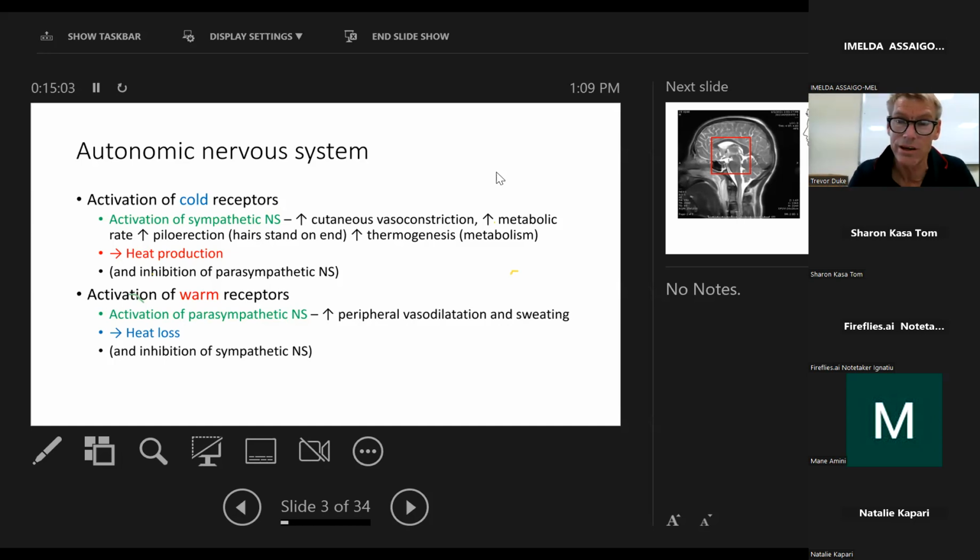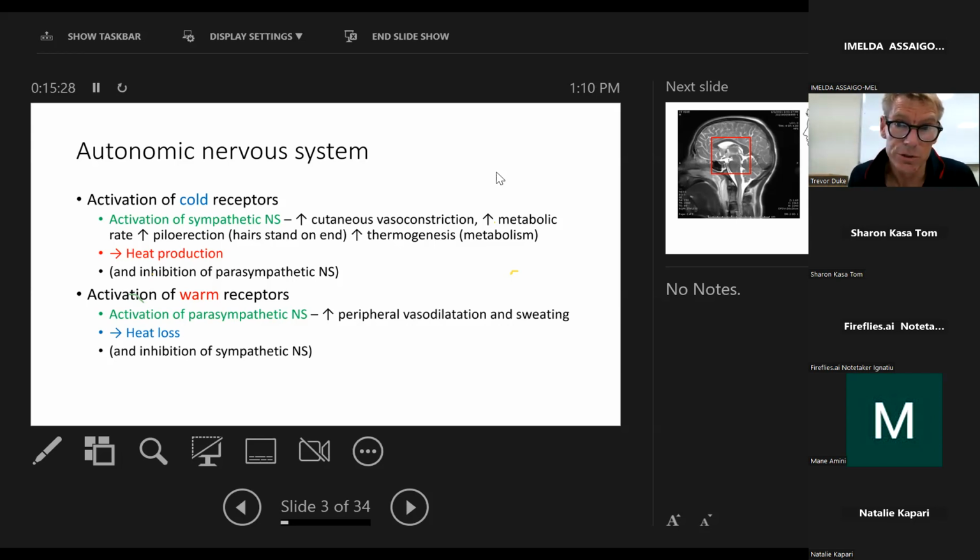We humans have this thing called piloerection, and that's a sympathetic nervous system response. And then, as I said, you have thermogenesis, which is just your body tries to generate heat from energy. So it uses up glucose, burns fats to generate heat so that your body can stay warm. That's what happens if you're exposed to cold.